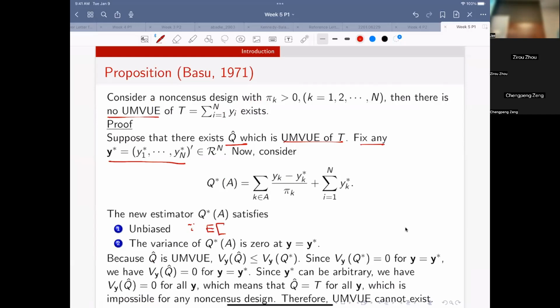The expectation of Q star of A is the expectation of the Horvitz-Thompson estimator of this one, which is the summation over k in U of y_k minus y_k star, plus the sum over k from 1 to U.